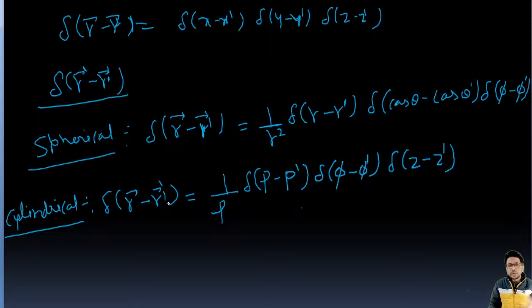Now we are going to solve questions, because I have already mentioned in total 18 properties, and including these, this is more than 18 properties of the Dirac delta function. Now we are going to solve questions based on the properties which I have already explained.